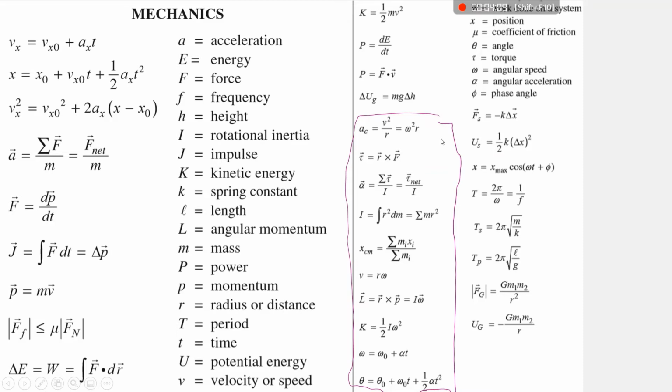So I've got our centripetal acceleration in angular form, our torque, angular acceleration, moment of inertia, center of mass equation, velocity compared to angular velocity, angular momentum, and rotational kinetic energy, then rotational velocity and rotational displacement, which are all analogs of our normal translational kinetic energy.